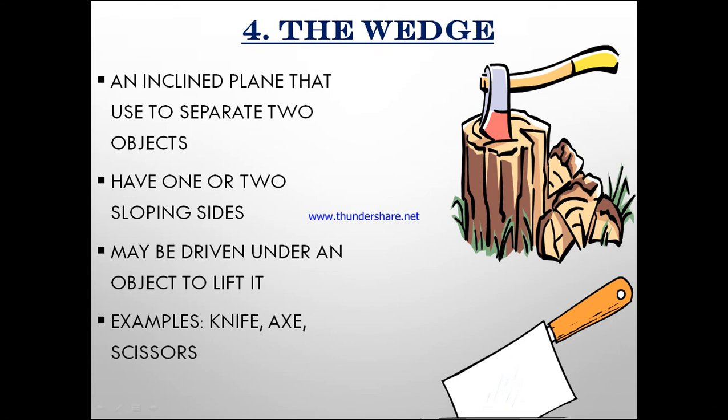This side is an inclined plane, and the other side also is an inclined plane. I can separate a piece of wood like that by using a wedge, and it has one or two sloping sides that may be driven under an object to lift it. Also, I can put it under the object to lift it up. Example: knife, axe, scissors.